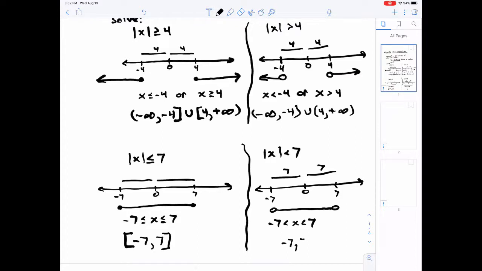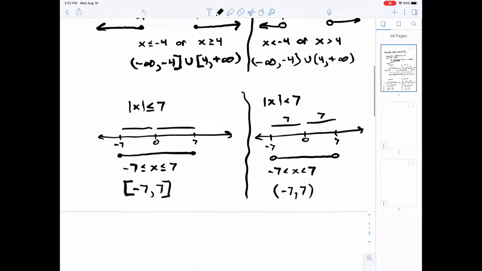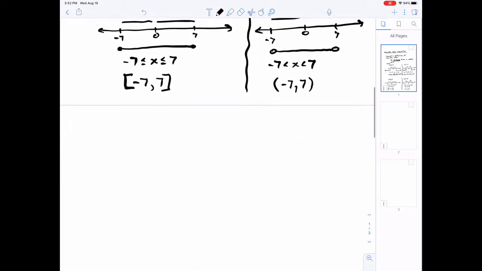And on this, you would use parentheses. Okay? Now, at the end of an absolute value equation problem, I said you had to check them. Well, you can't check these per se because there's an infinite number of solutions here. There are an infinite number of numbers between -7 and 7.